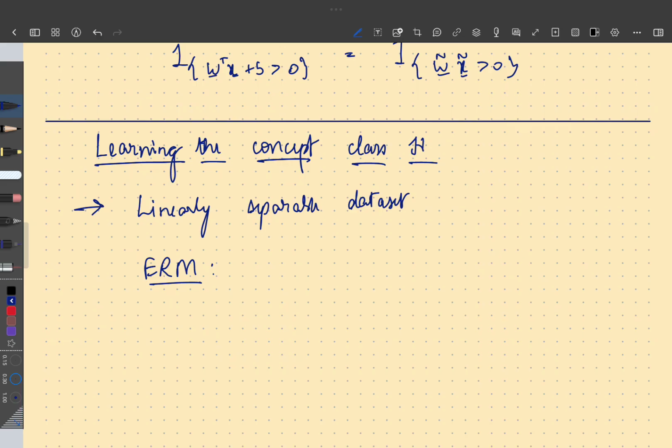Suppose I give you a data set that is linearly separable, which means that it's being generated from the concept class. So given the data set, there is at least one hyperplane that splits the points labeled 0 from the points labeled 1. All right. So in this context, what is an ERM? Can you give a verbal description?